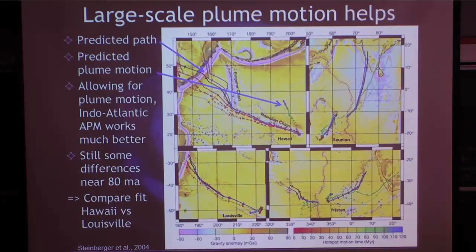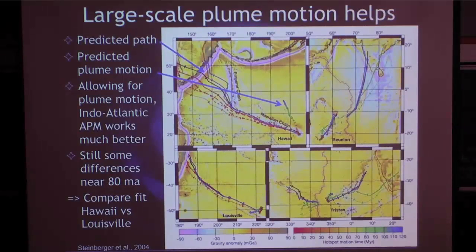If you think about the hotspot reference frame, there is this degree-1 toroidal field, and that is the net rotation of the lithosphere relative to the mantle. Because we know the angular momentum is conserved, that really means that below the lithosphere, the mantle as a whole will have rotated in the opposite direction. And a Steinberger kind of model can never do that.